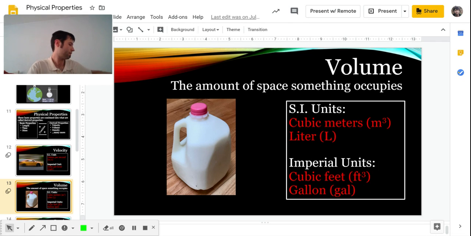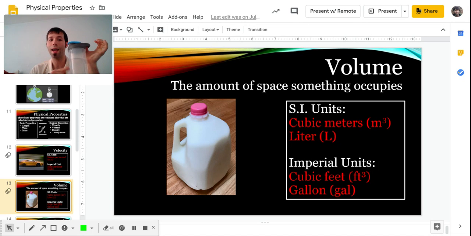For example, my water bottle is currently sitting at about 550 milliliters, which is basically half a liter. So if I had less water, it would be less than half a liter.